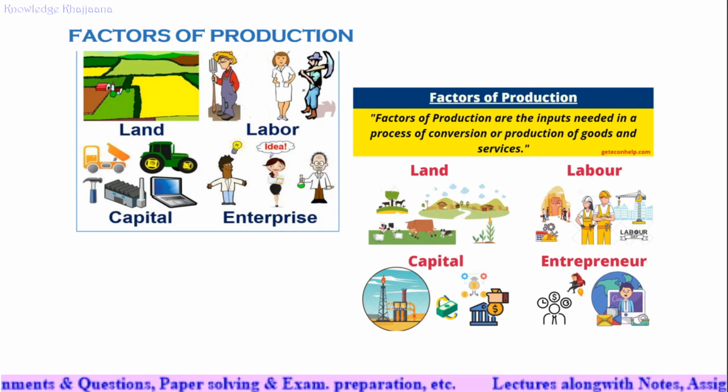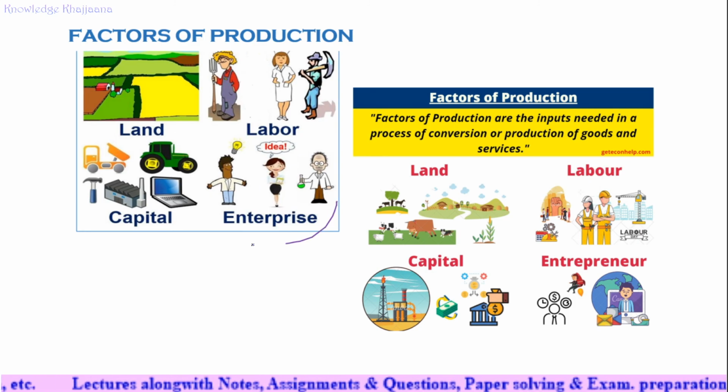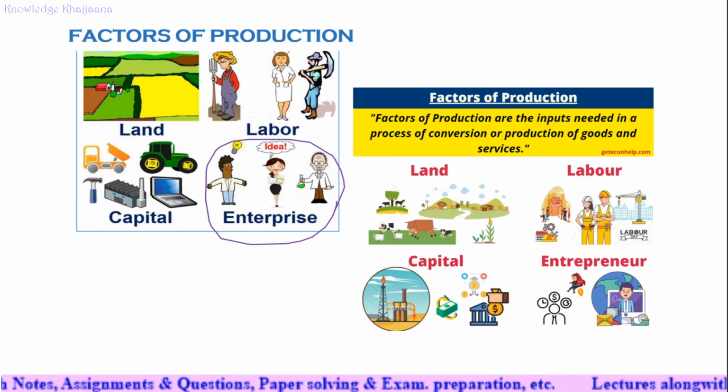This is land, these are the labors, this is capital. Capital can be in any form. Then the enterprise, the entrepreneur. An entrepreneur means a person as well as his knowledge, experience, and skills. All this comes under the entrepreneur.